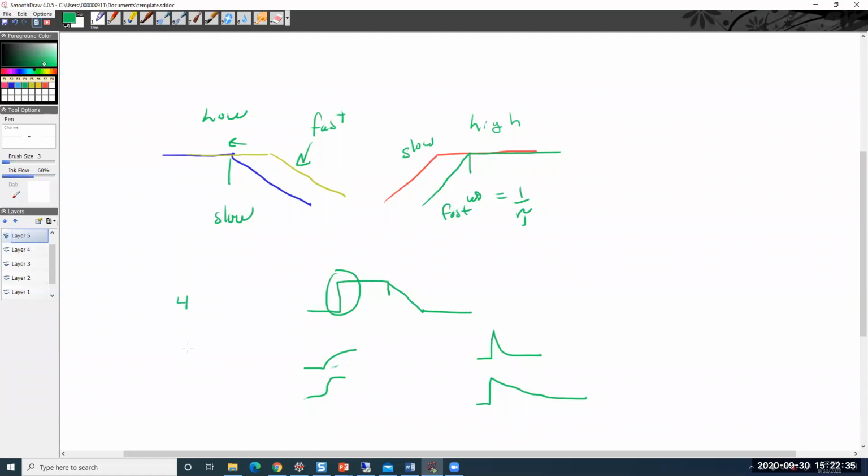Now in the reasoning, just saying that looks like a low pass filter, that's not really a reason. You can talk about the shape. Low pass filters are evening out these curves, or they're getting rid of high frequencies, and that step certainly has a high frequency.